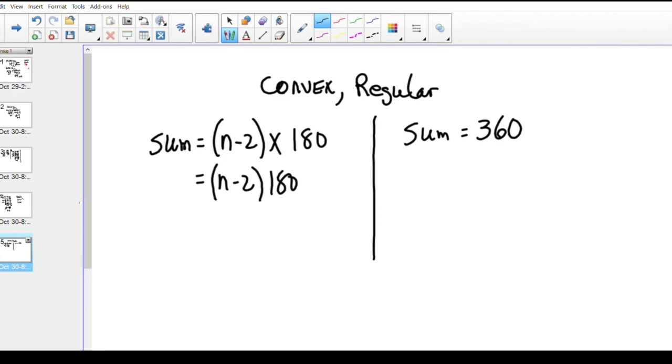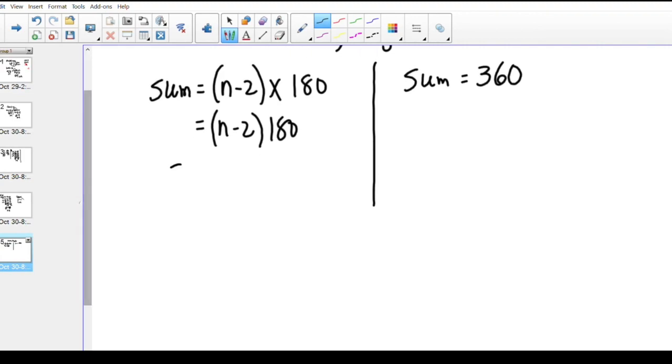So number 4 says find the sum of the measures of the angles, and I got 4 different parts. The first one is we'll find the sum of the measures of the quadrilateral. So here we go. What formula are we going to use? This. Now, n is 2 things really: number of angles and number of sides, because it's regular.